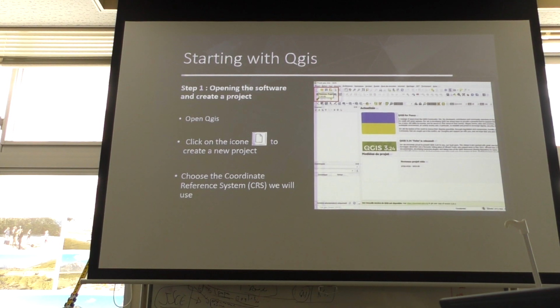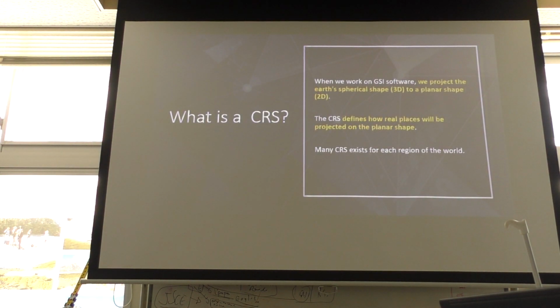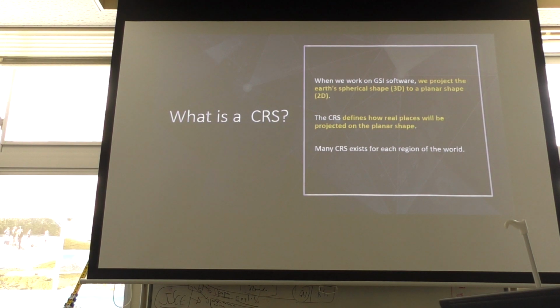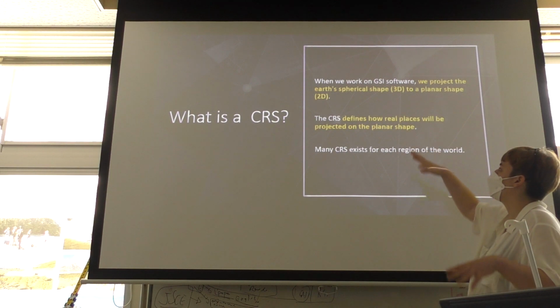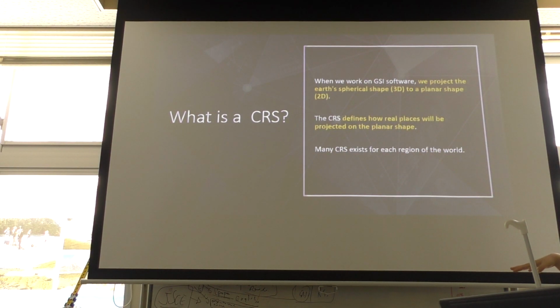So, just really quick, the CRS is the way you will project the Earth spherical shape to a planar shape, so in 2D. You go from 3D shape to a 2D shape, okay? The CRS defines how the real place will be projected on the planar shape, okay?